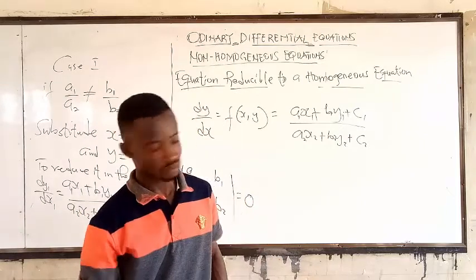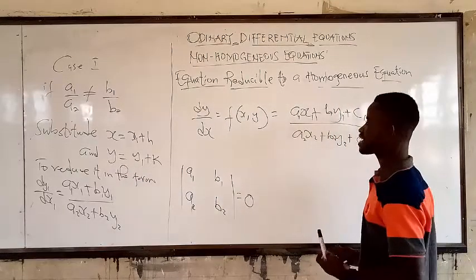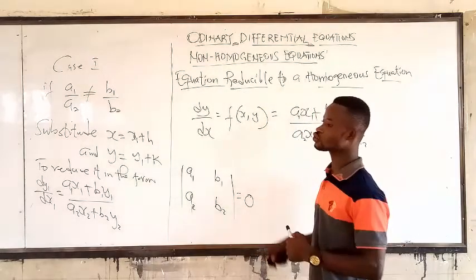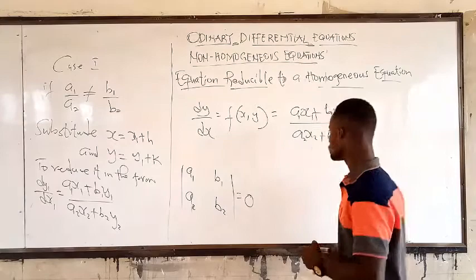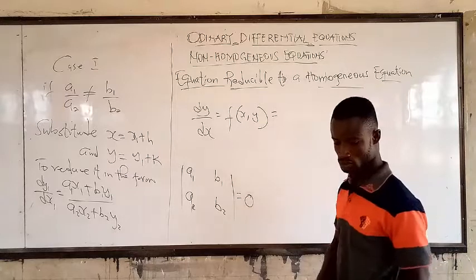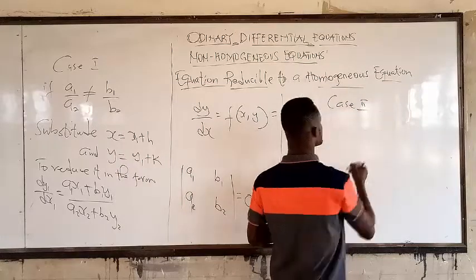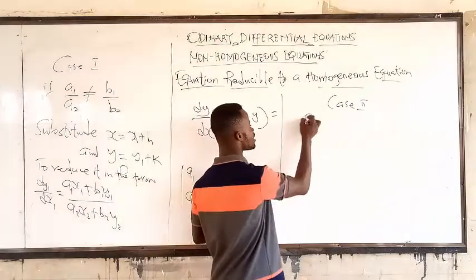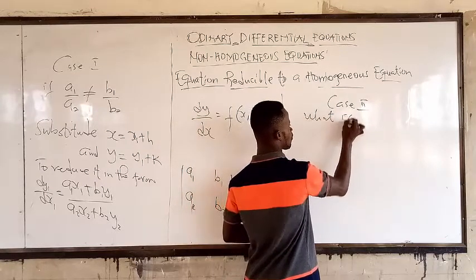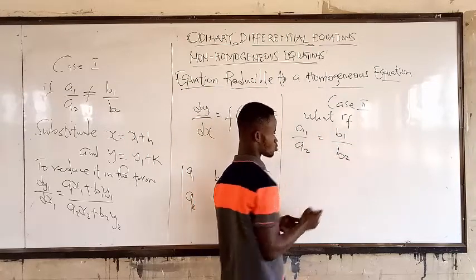In the case 2, it's so simple. We are going to look at the case whereby a1 over a2 is equal to b1 over what? b2. So that's what we are going to look at now. Case 2. What if a1 over a2 is equal to b1 over b2?